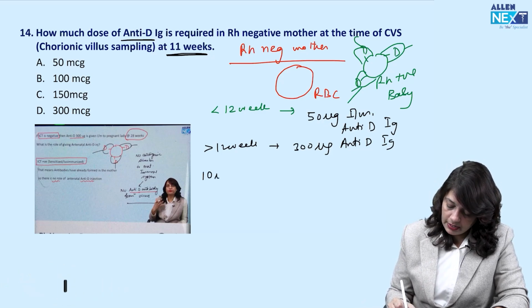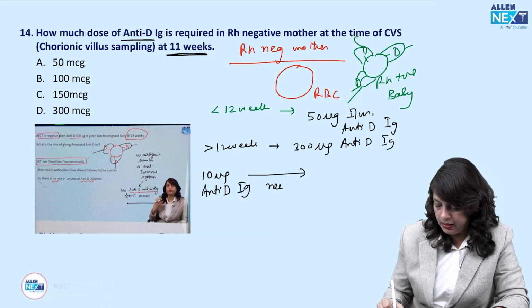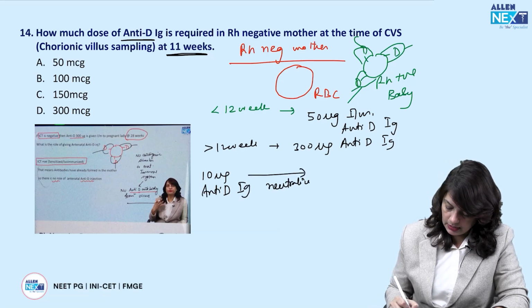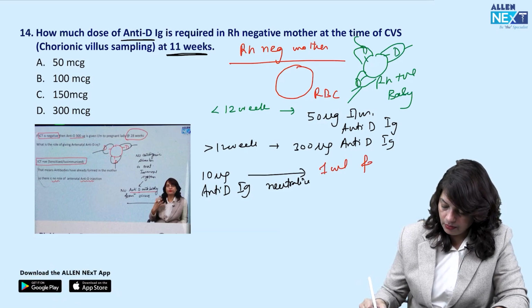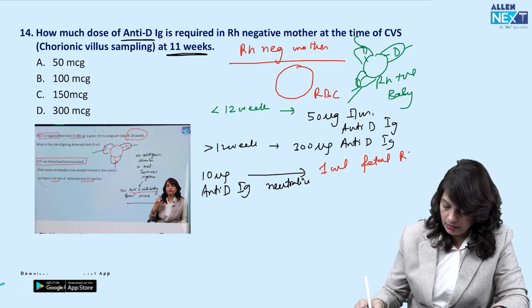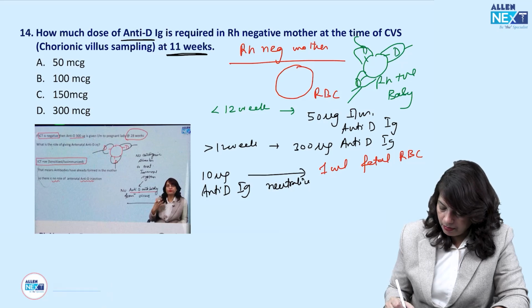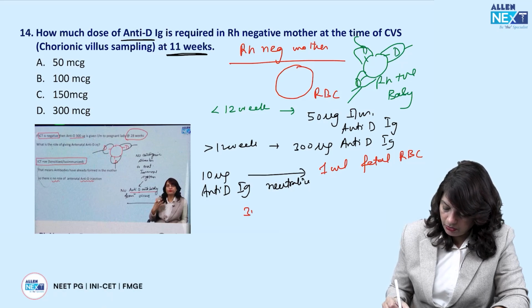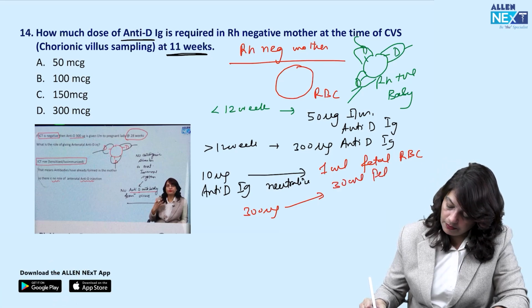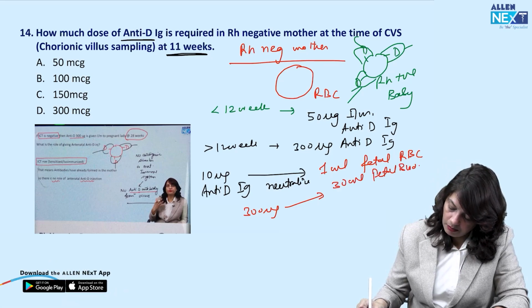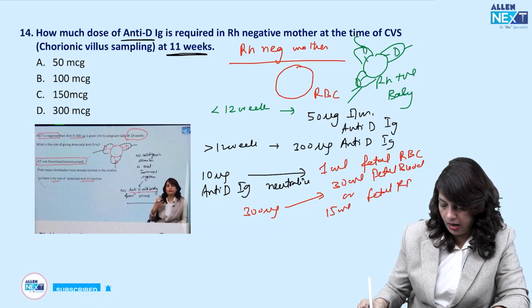So 10 micrograms of anti-D immunoglobulin is able to neutralize 1 ml of fetal RBC. 300 micrograms is able to neutralize 30 ml of fetal whole blood or 15 ml of fetal RBC.